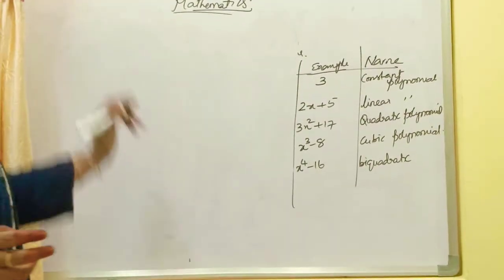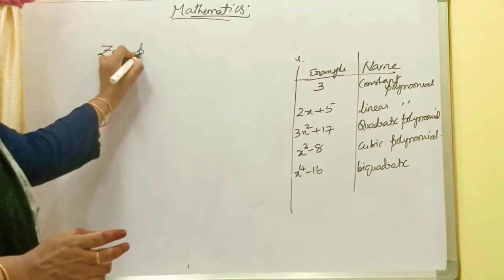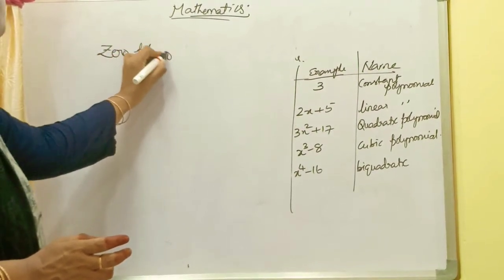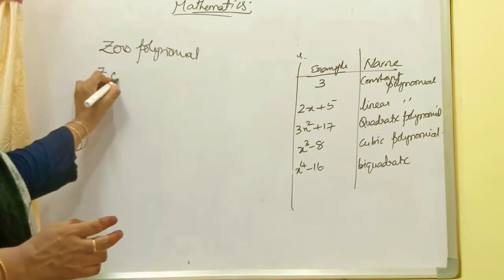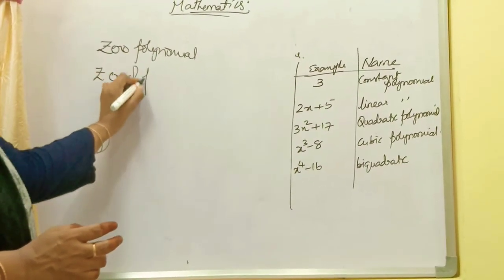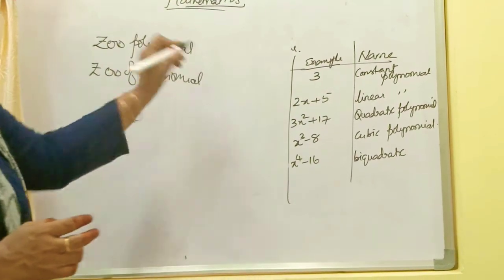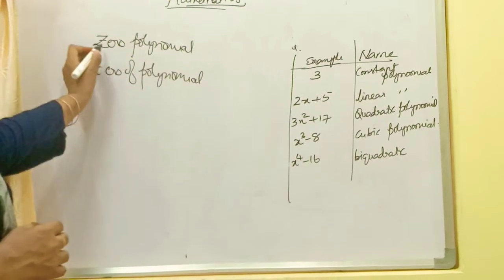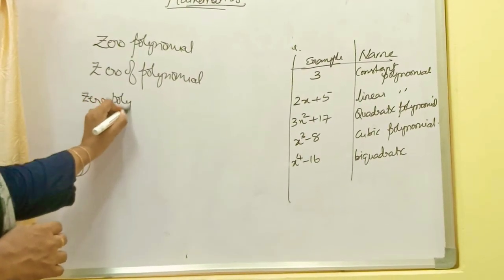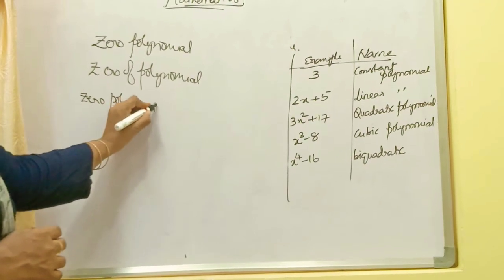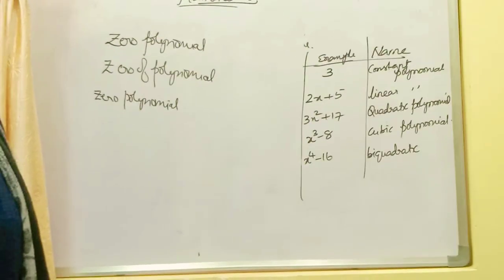Let us differentiate between zero polynomial and zero of the polynomial. Zero polynomial and zero of the polynomial. So zero polynomial implies every coefficient of the variable is 0.